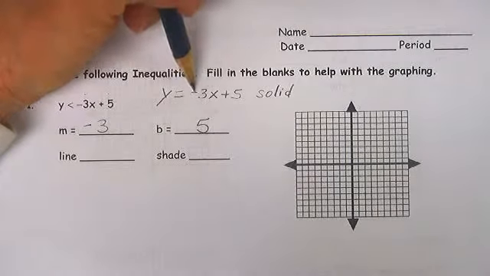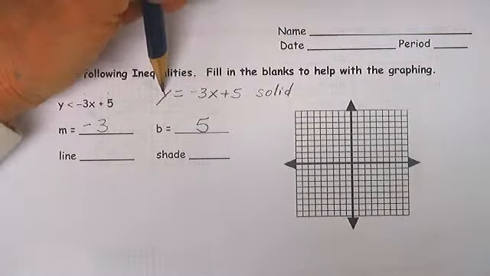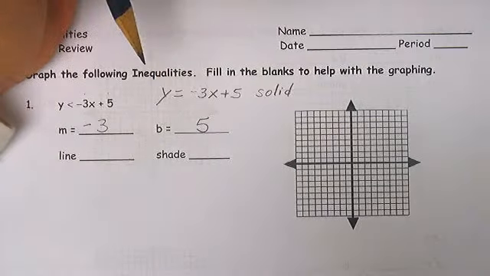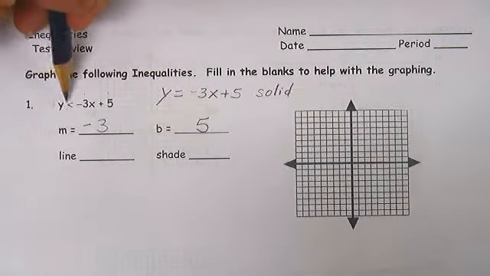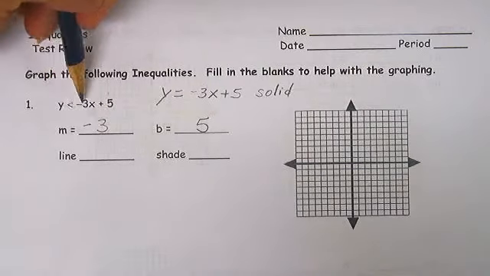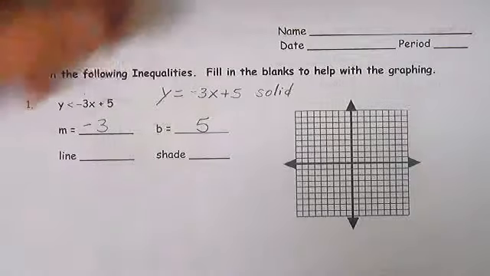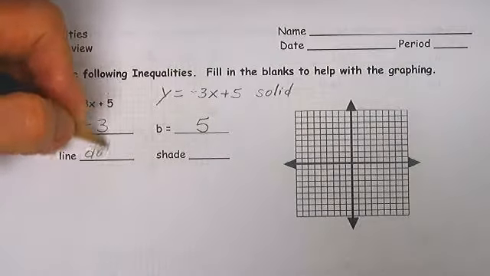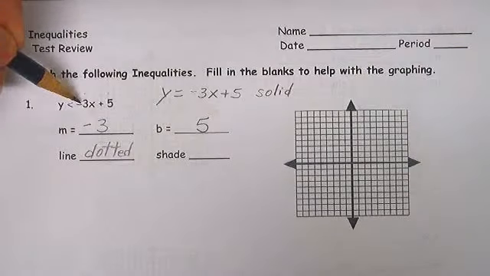And negative 3 times the square root of 2 plus 5 gives our output y. When y is strictly less than this expression, then our line is dotted because y can be any value less but not equal to.